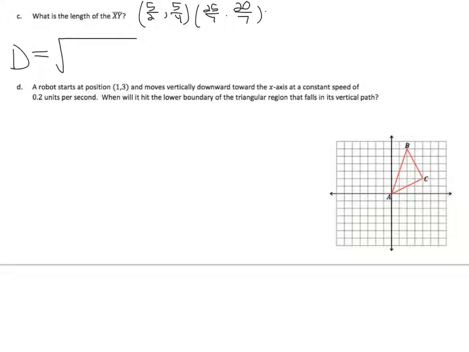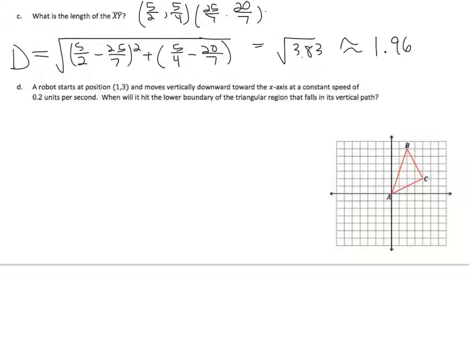Distance equals, subtract the x's, 5 halves minus 25 over 7 squared plus, subtract the y's in the same order, 5/4 minus 20 over 7 and square them. I'm going to use my handy dandy calculator though, so hold on, I'll be right back. Alright, that's what I got. Approximately 1.96 units.